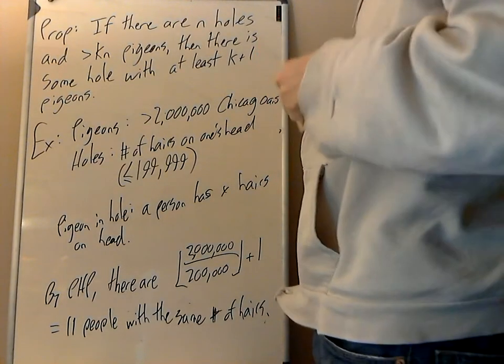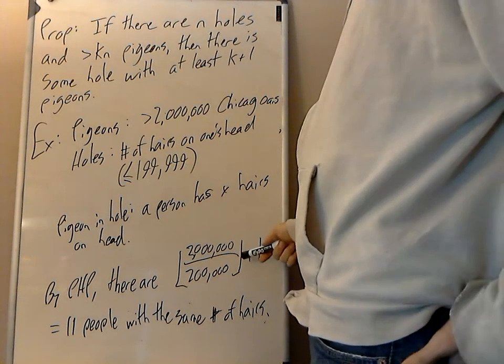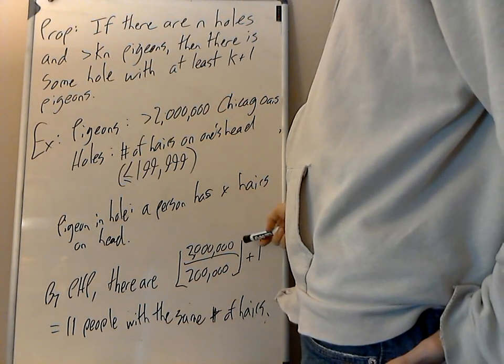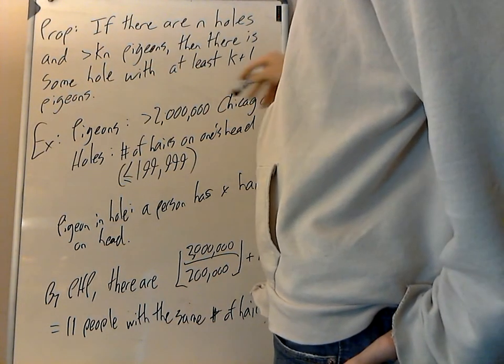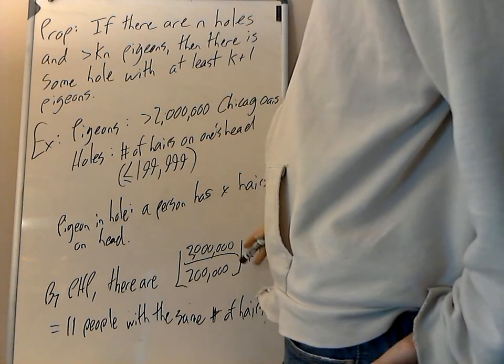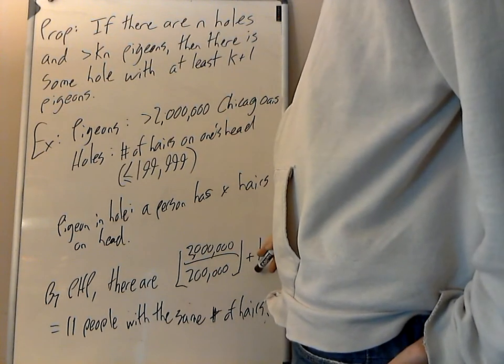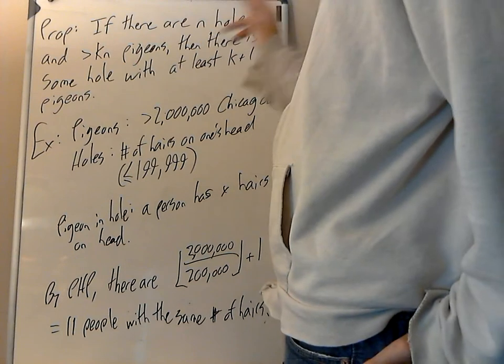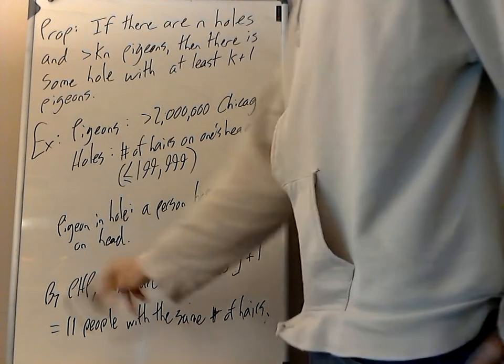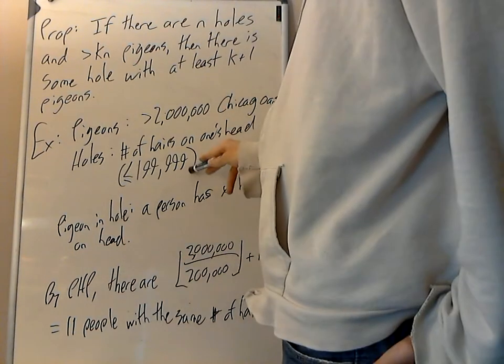Now, the reason that I used this floor is simply because 2 million is at least as big as 10 times 200,000.